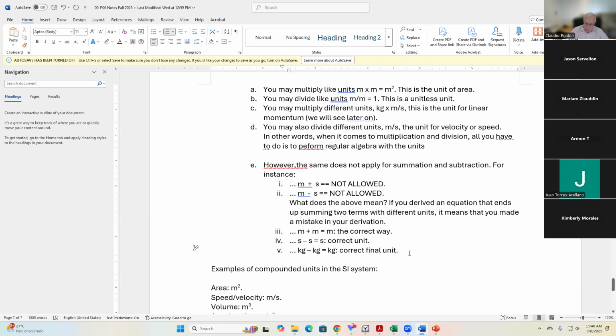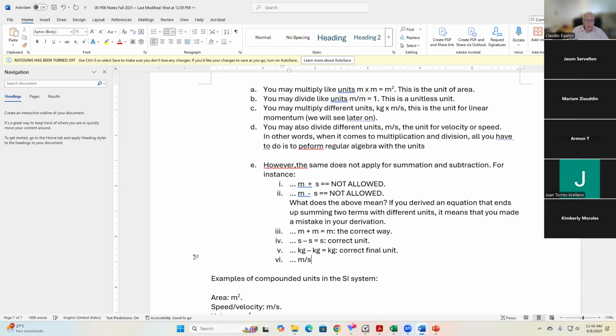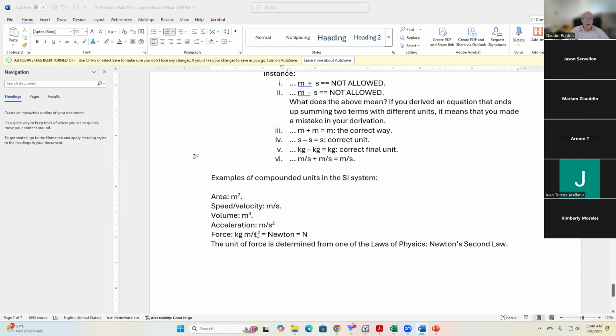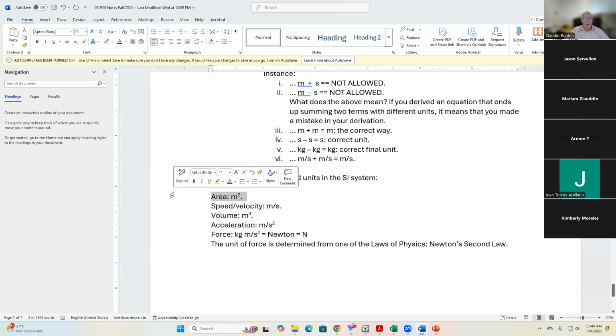Here you go. Let me do another example here. An example of compounded units, right? Meters per second plus meters per second. You still get meters per second. That's the correct unit. So here are some examples of different units.